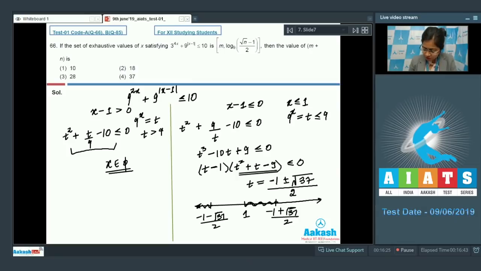So only this option is here, that is 9 raised to the power x will belong from 1 up till minus 1 plus root 37 upon 2.